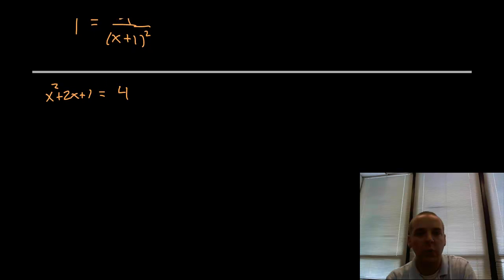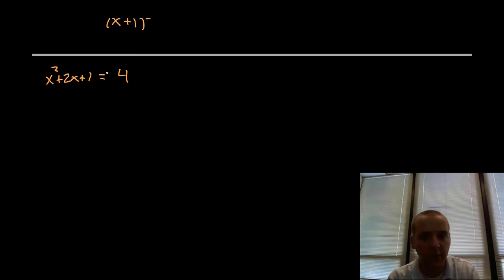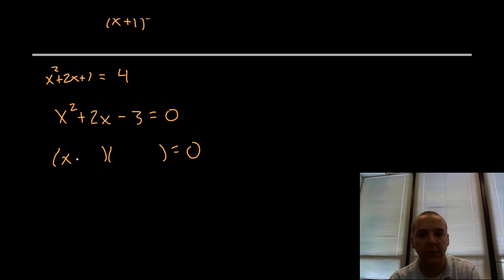And then this is a quadratic equation now, so we know how to solve these. We'll move everything to the left hand side so that it's set equal to 0. So I'll subtract 4 from both sides. And then once it's equal to 0, then I'll try to factor it. And this one does factor, so that's good. It would be an x and an x and a plus 3 and a minus 1.